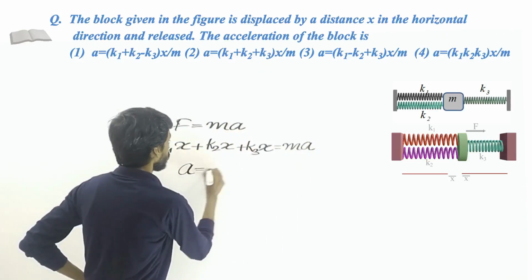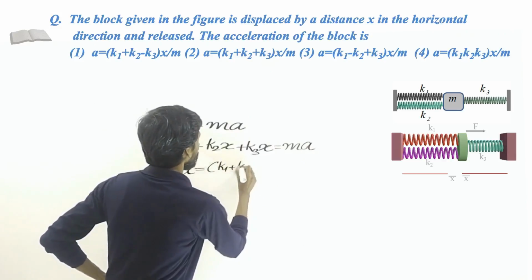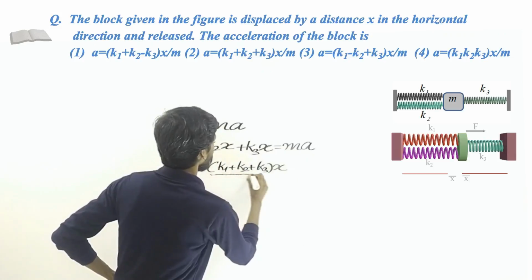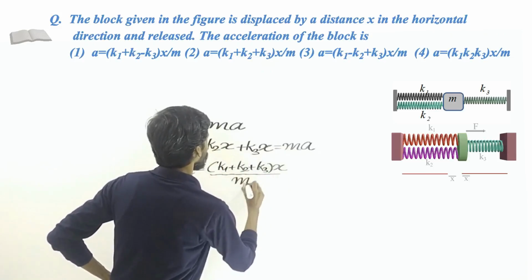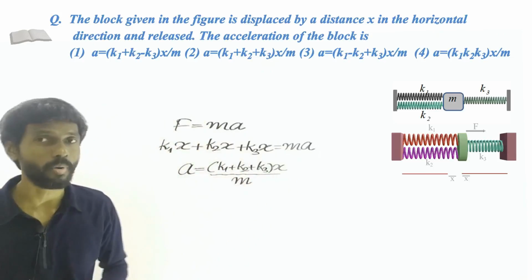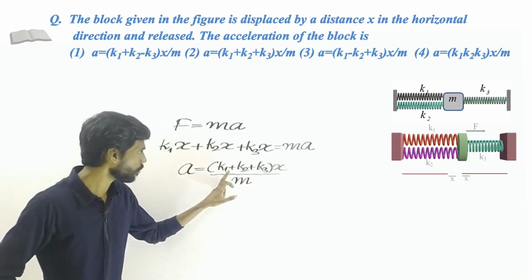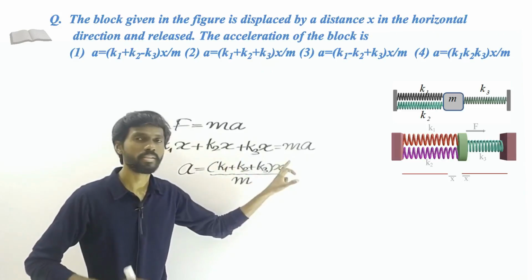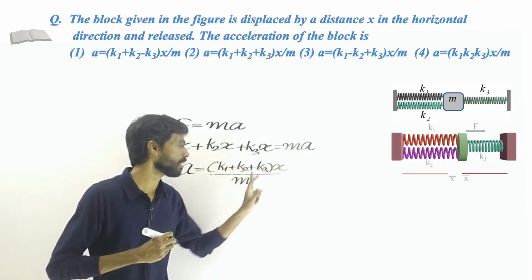So acceleration equals k1 plus k2 plus k3, multiplied by x, divided by m. This is the acceleration of the block. But see this formula: force is m multiplied by a, that equals kx. So the effective k is k1 plus k2 plus k3.